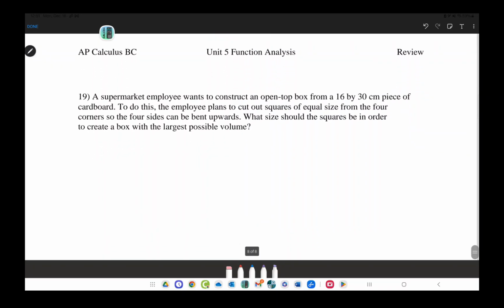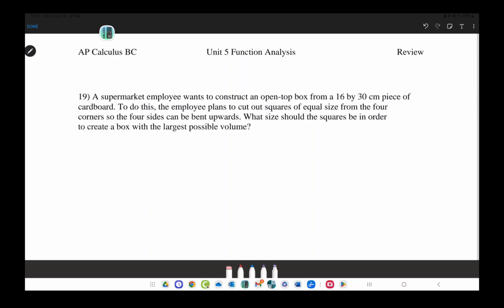All right, and then you have at least 2 of these. You have one that deals more with rectilinear motion with the position, velocity, and acceleration. Okay, so how to maximize velocity or maximize acceleration or minimize velocity or acceleration, or to find the max velocity or acceleration.